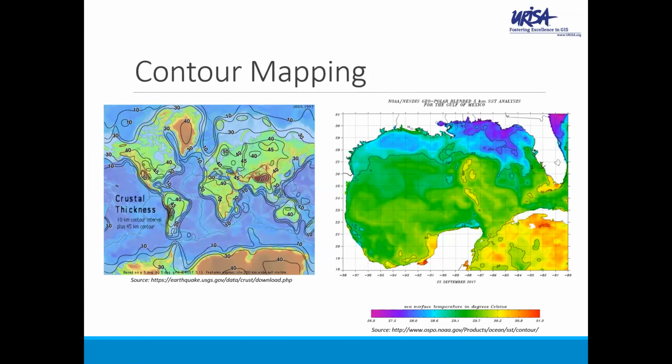Also, understand what contour intervals can tell you about the data. If those contours are closely spaced, that indicates a high rate of change. Again, I'll use elevation as an example: that would be a high slope region. Conversely, if they're widely spaced, that's a low rate of change. Again, with elevation as an example, that would be a low slope region.